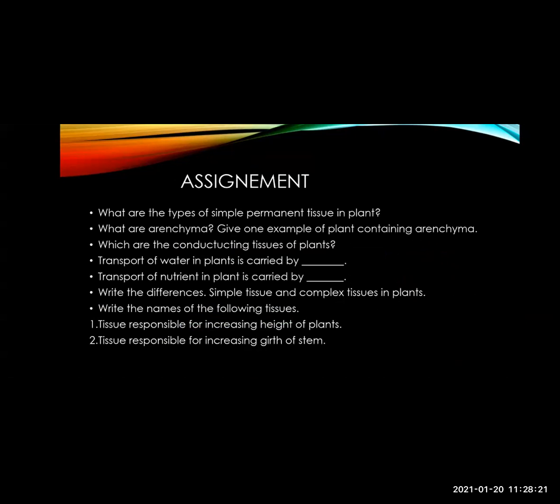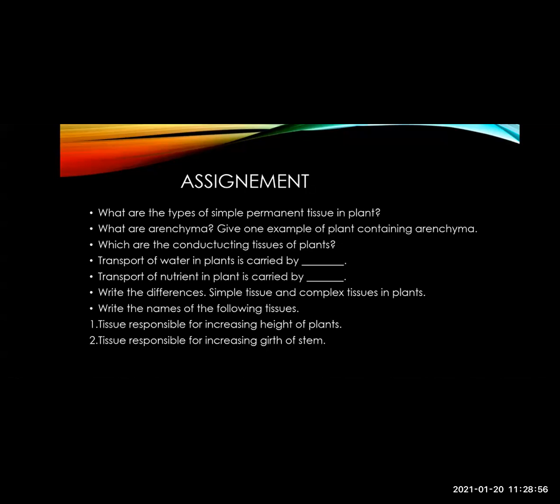What are the types of simple permanent tissues in plants? First type, parenchyma. Second, collenchyma. Third, sclerenchyma are the three simple permanent tissues in plants. Next question, what is aerenchyma? Give one example of a plant containing aerenchyma.